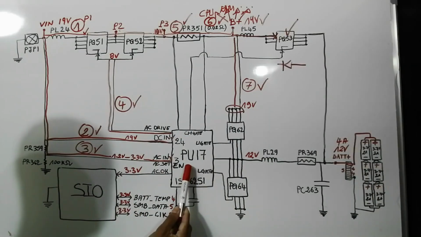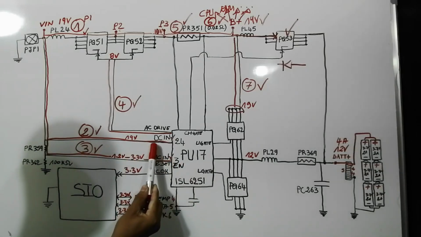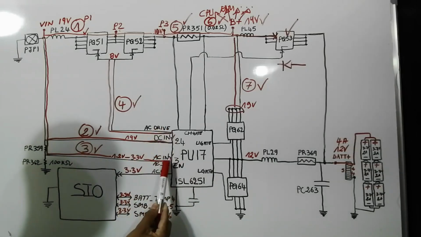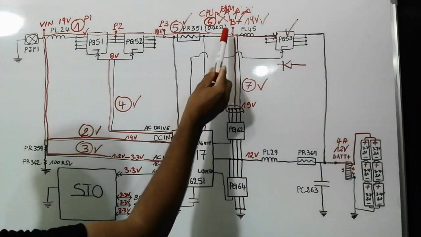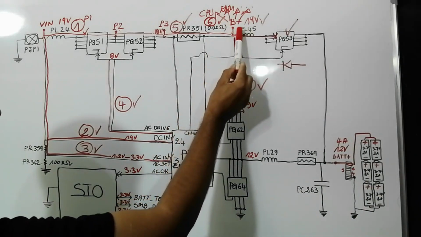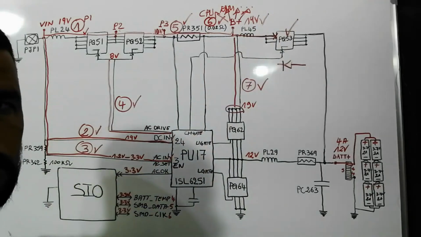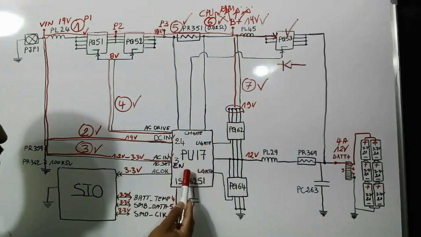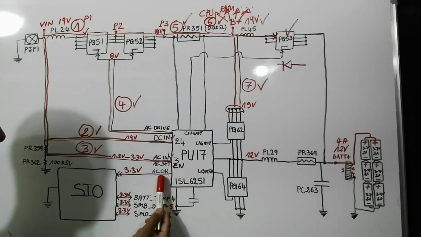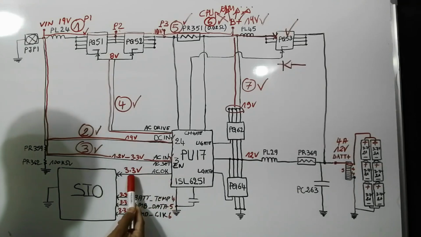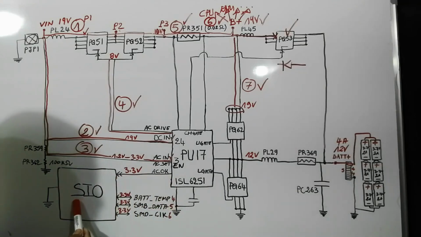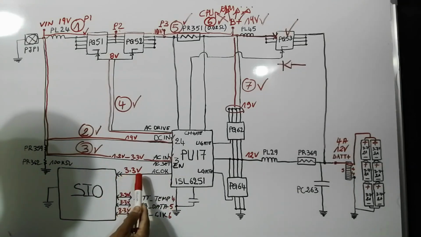Once the charge IC detects or receives the DC in, the AC in, and also the B plus is distributed to all circuits in the motherboard, the charge circuit will begin to send the ACOK signal to this IC, the super IO, at about 3.3 volts.